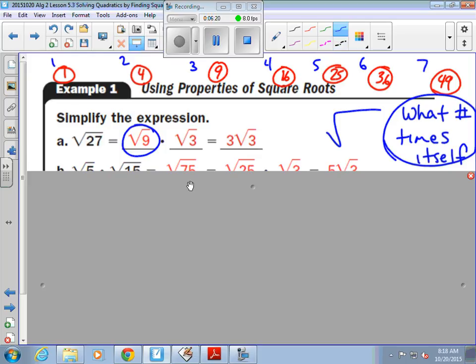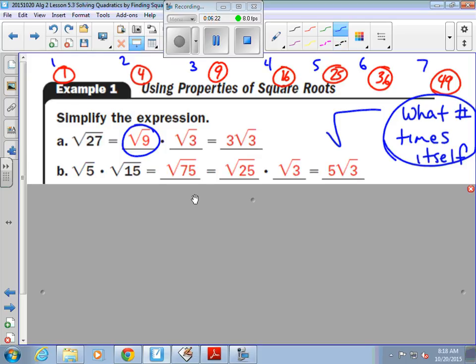B says the square root of 5 times the square root of 15. So when you multiply the two together, you get the square root of 75. Now you're back in a similar position we were at the beginning of A. The square root of 75 has a perfect square factor, 25. Remember, go back to these numbers.